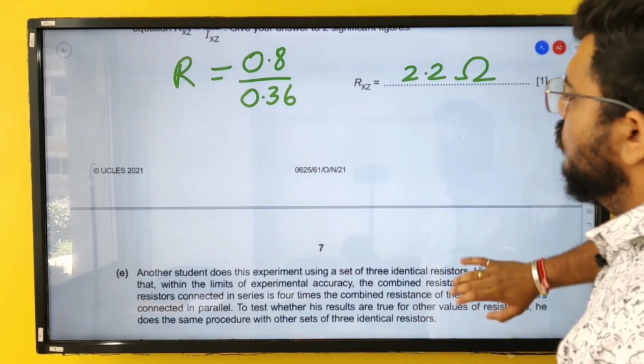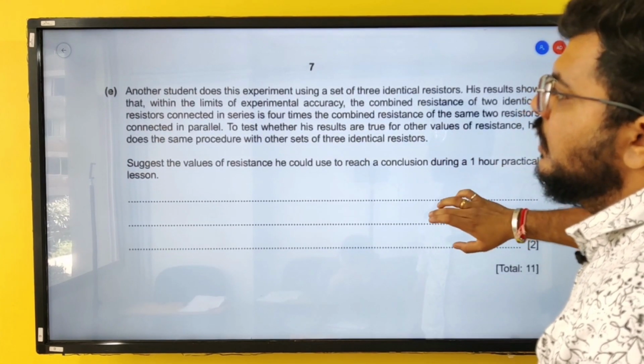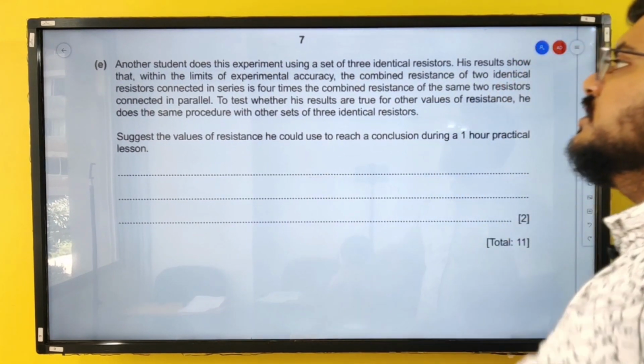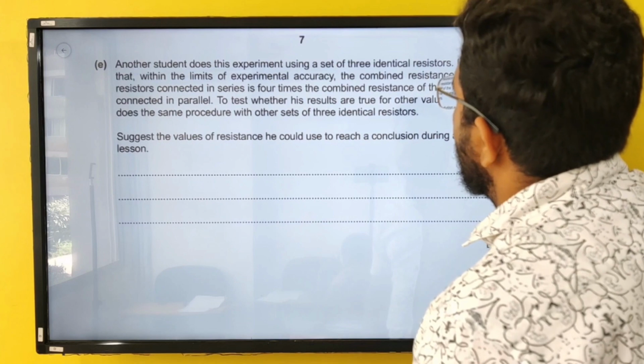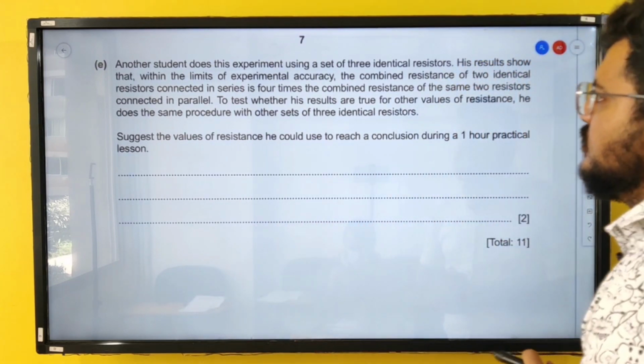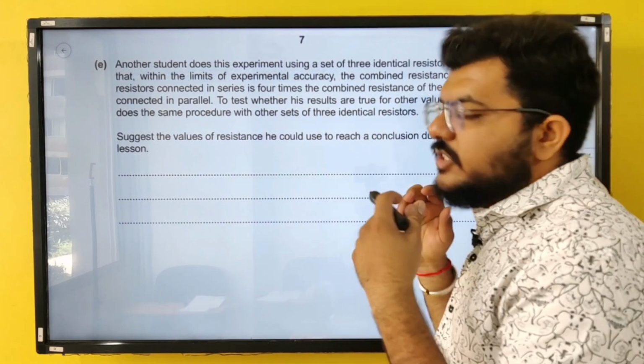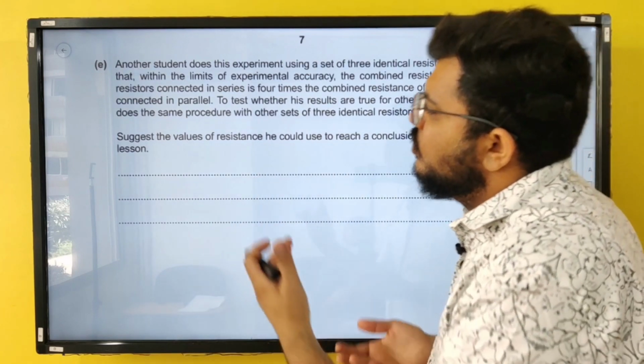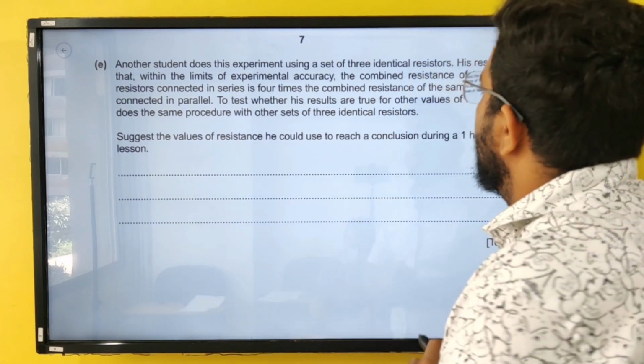So 2.2 ohm. Next, another student does this same experiment using a set of 3 identical resistors. Identical meaning same resistance. Maybe 4 ohms, maybe 8 ohms, maybe 20 ohms, we don't know.